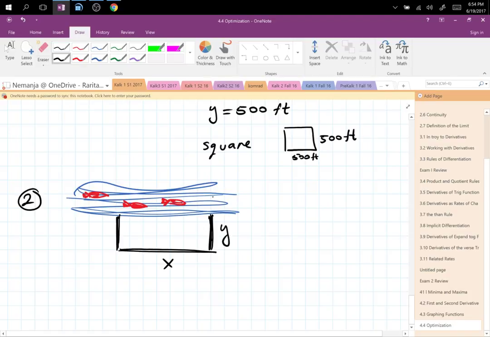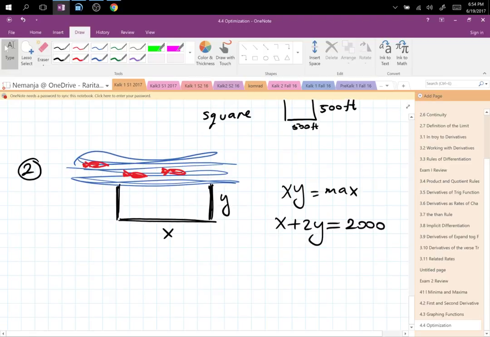Is it the same amount of fence? Yes, 2,000. So how would you set this up? Again, we want the maximum region. Very good. So now we still have xy equals a max. We want the maximum area, but the perimeter equation changed. So that will change our calculations. We see now x is equal to 2,000 minus 2y.